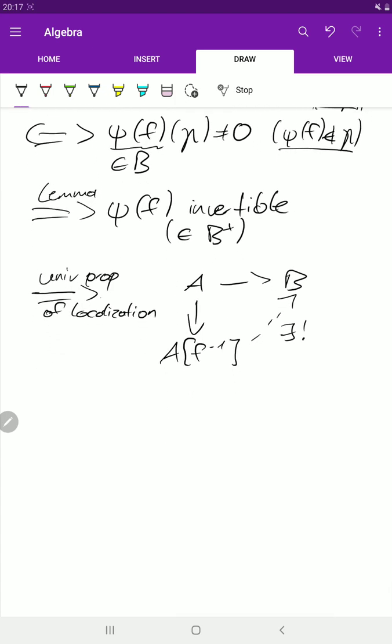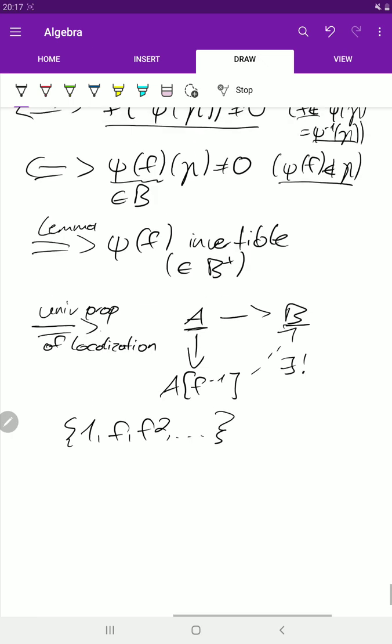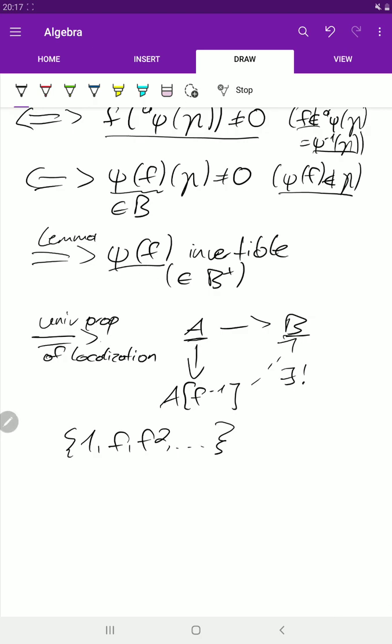This unique map exists if every element from the multiplicative set in A maps to an invertible element in B. The multiplicative set in A is 1, f, f squared, and so on. Now psi of f being invertible means also that psi of f squared and so on are invertible, and 1 maps to 1. So all these elements are invertible in B, so we get that there's a unique map here, and that's what we wanted to show.